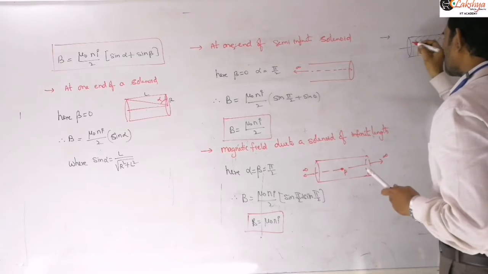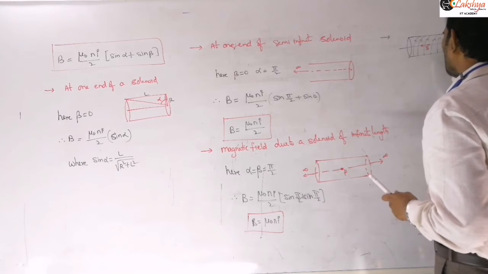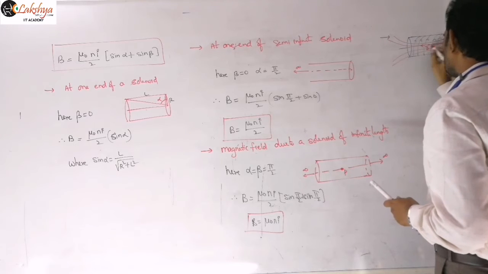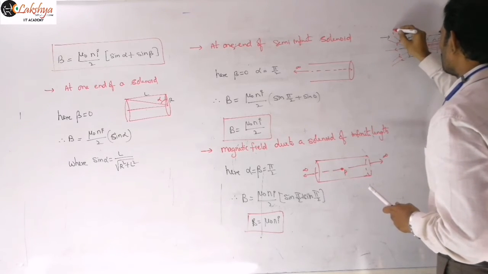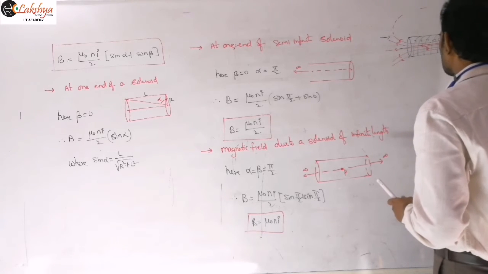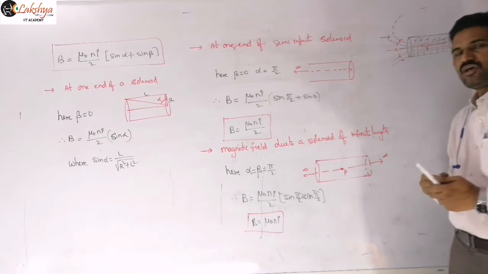So if this is the case, the field lines will be like this. We can represent the magnetic field lines like this. They will travel some large loops and come again and enter here, because you know that magnetic field lines are closed loops.